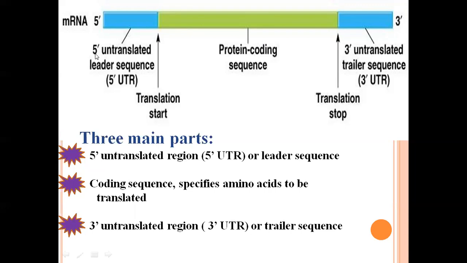And the 5' untranslated leader sequence, the trailer means the backward, and leader means the one who leads, from this side it will go on. This portion of the mRNA sequence leads the translation process, but it is not translated, because only non-coding regions are there at the 5' and 3'. Only the in-between protein coding region is translated.